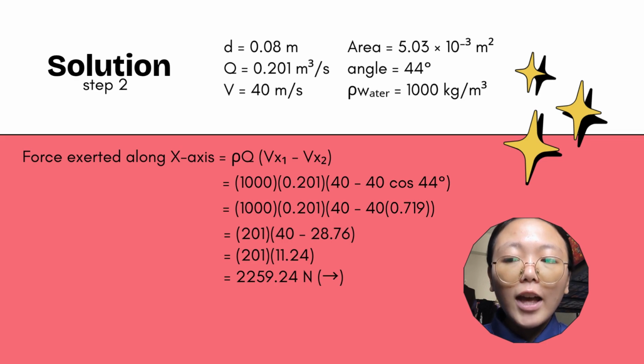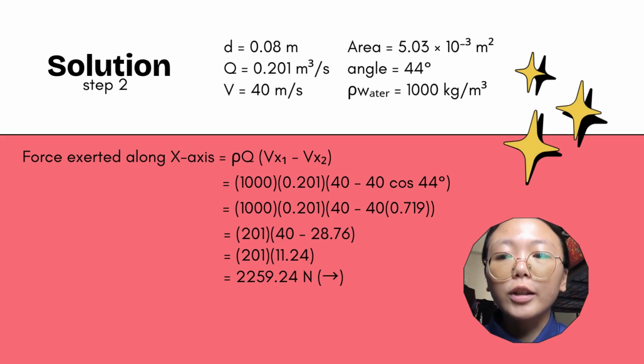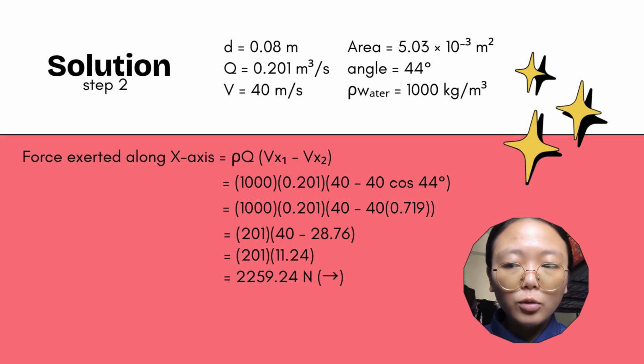So, for steady flow, the rate of change of momentum in the x direction gives the force Fx equals rho q multiplied by the difference of Vx1 and Vx2, where Vx1 is the velocity component of inflow along the x-axis, Vx2 is the velocity component of outflow along the x-axis, q is the discharge or volume flow rate, and rho is the fluid density.